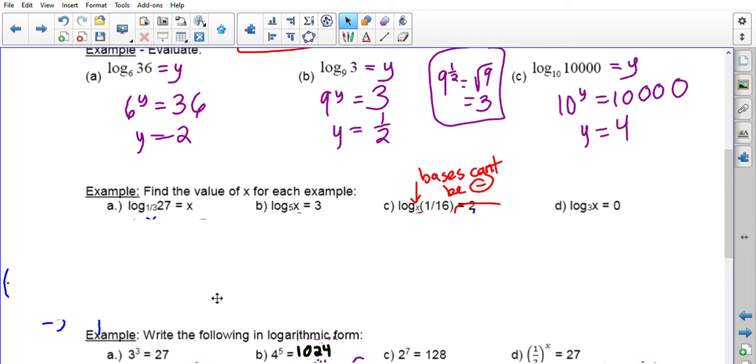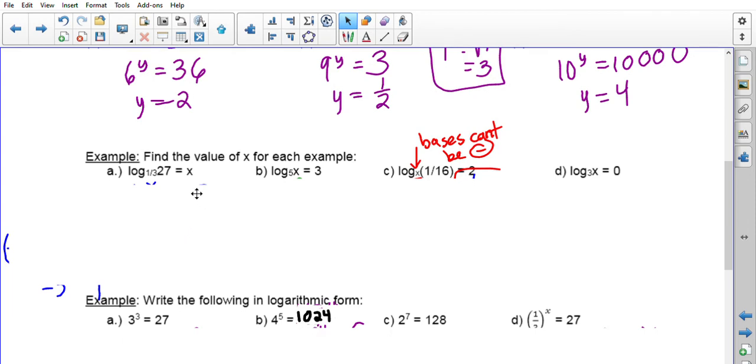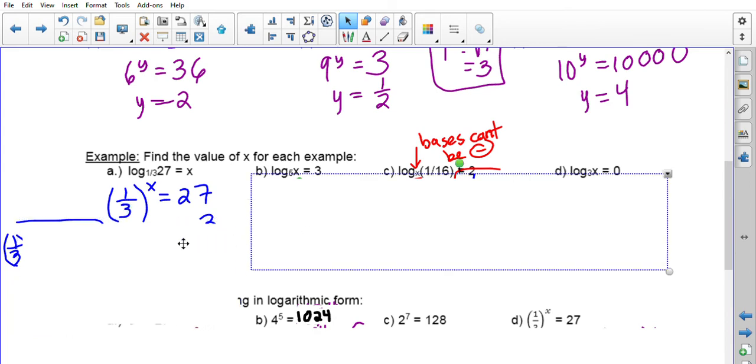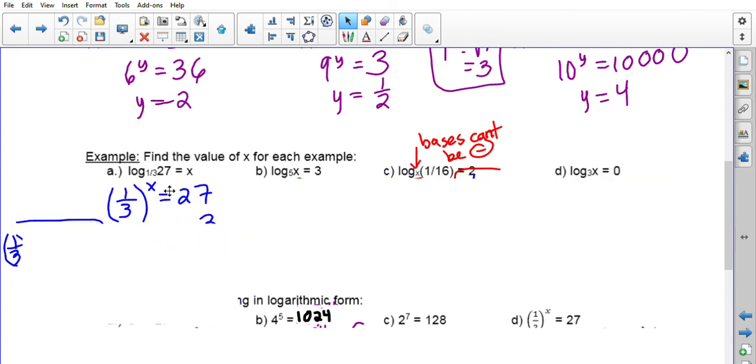All right, the next example says find the value of x. Notice x is in different places for all the parts. In this case, x is the answer to the log. Log 27 to the base 1/3 equals x. If I convert it to its exponential form, that's 1 over 3 to the x equals 27.